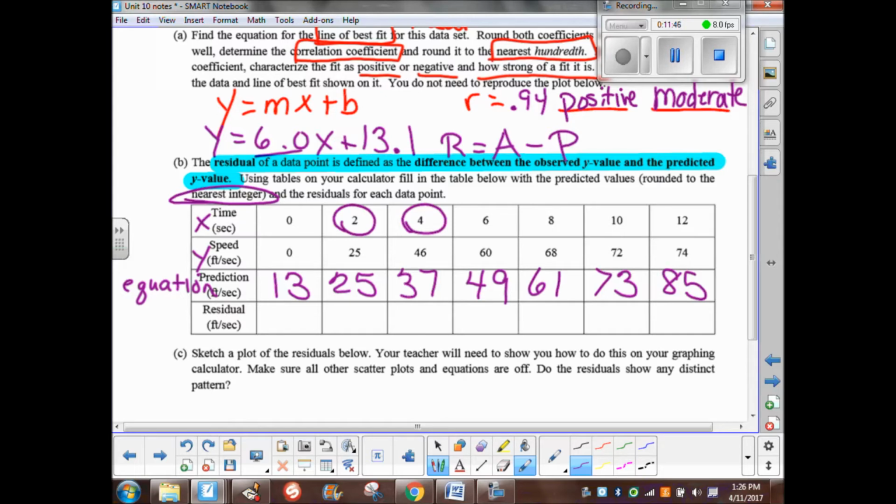Now, the residual is our little formula up here. Residual equals actual minus predicted. So I'm going to take my actual y value and subtract my predicted y value. What's 0 minus 13? -13. What about this next one? 0.